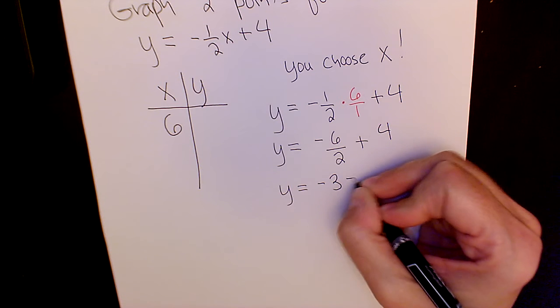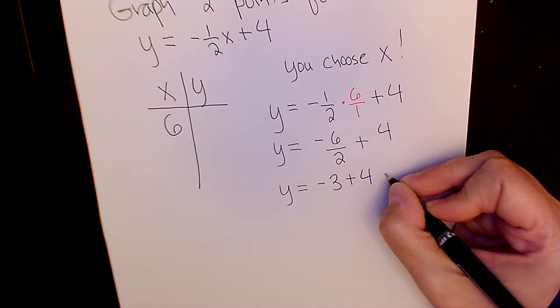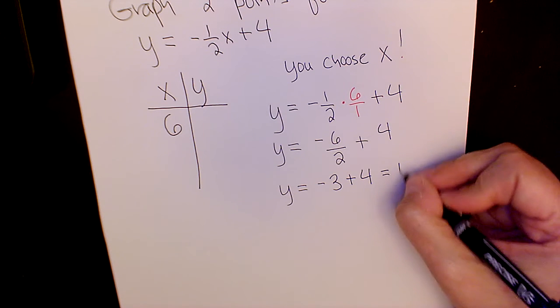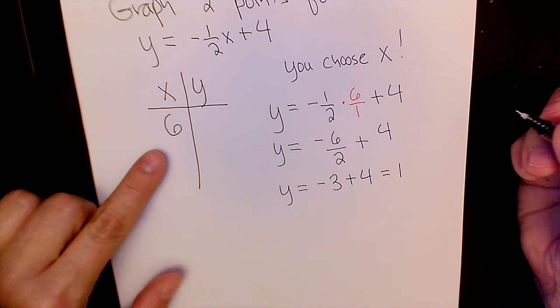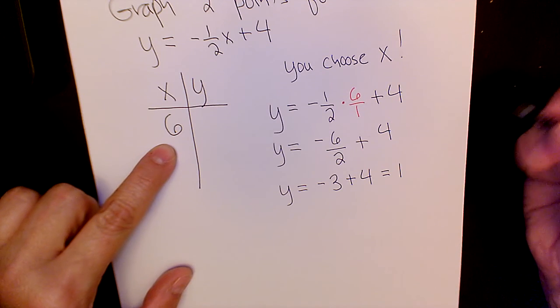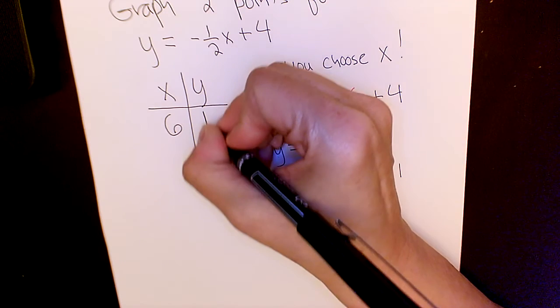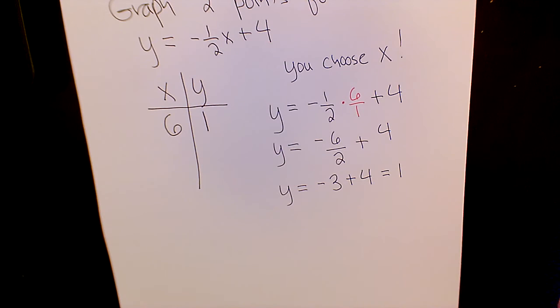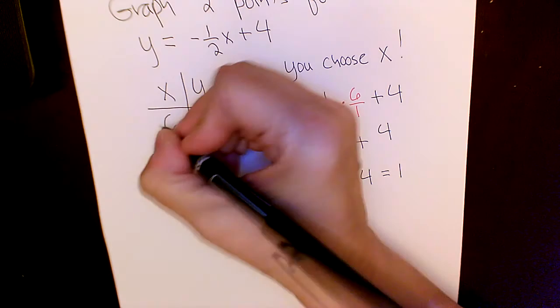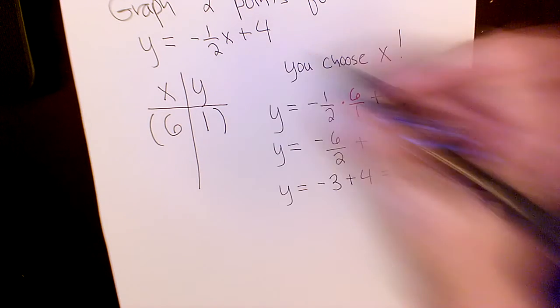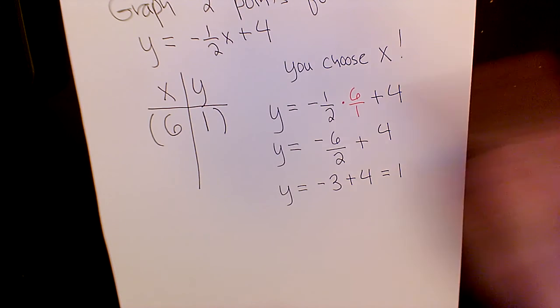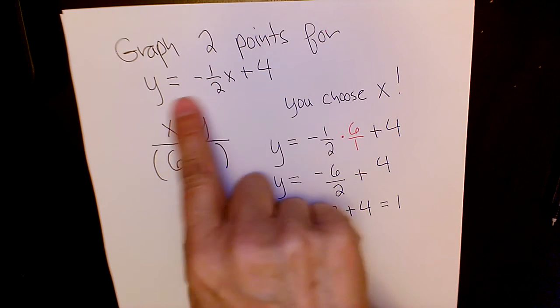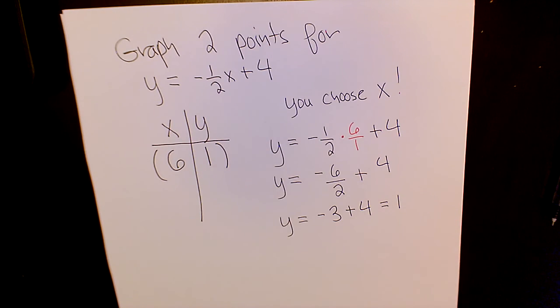Well, that's -3. And -3 plus 4 is 1. So if x is 6, my y is 1. So (6, 1) is a point that satisfies or will work for this equation.